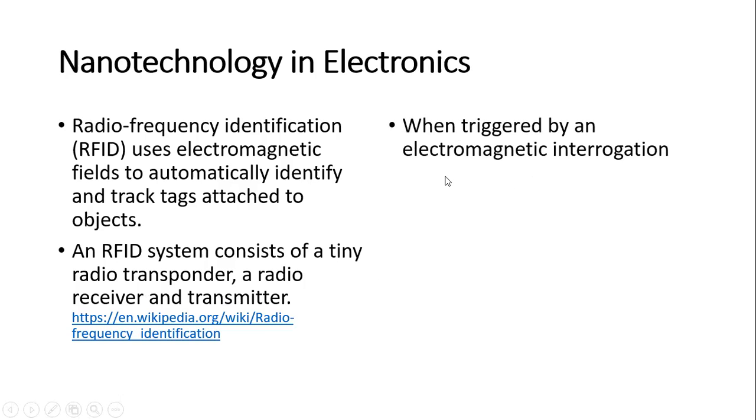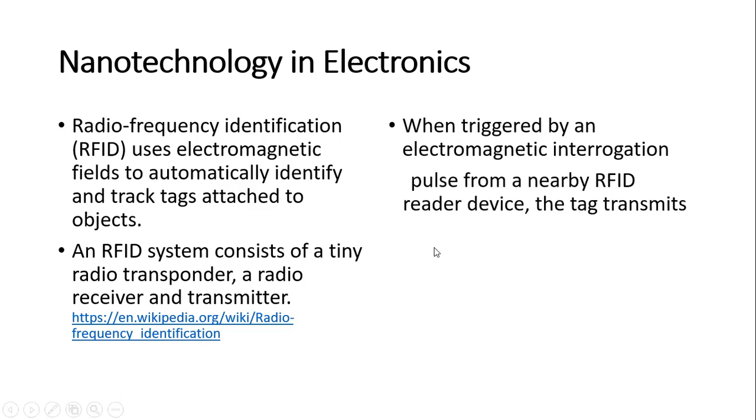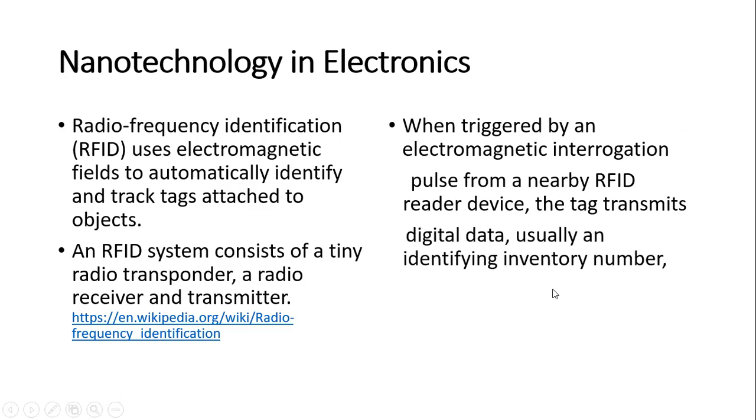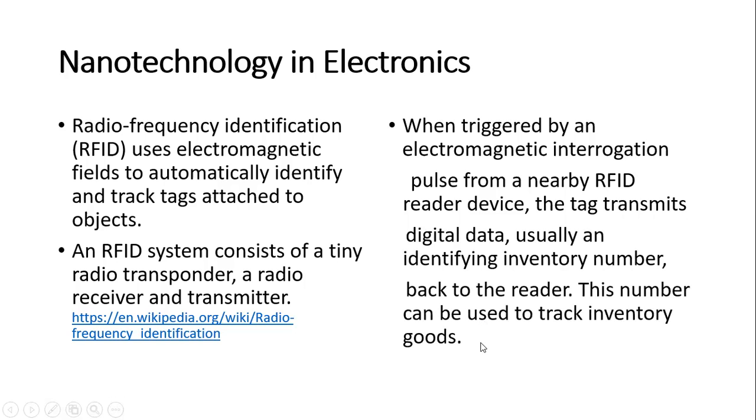When triggered by an electromagnetic interrogation pulse from a nearby RFID reader device, the tag attached to your car transmits digital data, using an identifying inventory number, back to the reader. This number can be used to track inventory goods. Right?